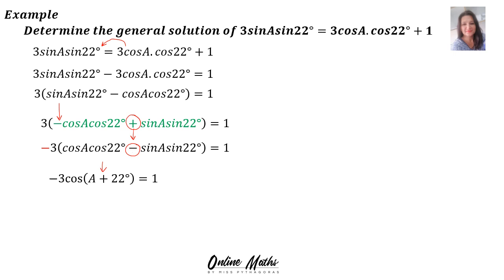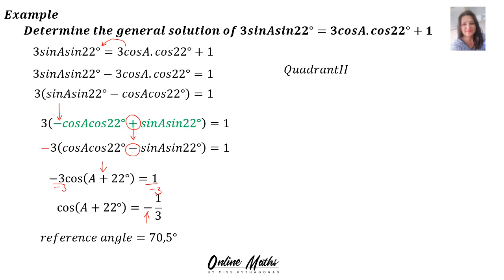And now I will just divide the minus 3 both sides, and I end with cos (A plus 22) equals minus a third. The next thing I will do is find the reference angle, shift cos of a third equals, and the reference angle is 70,5 degrees. And then I will say, where is cos negative? Cos is negative in the second quadrant.